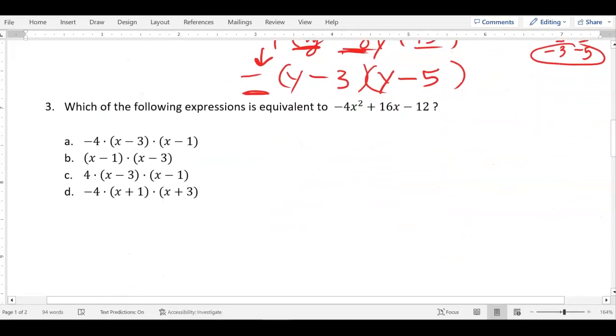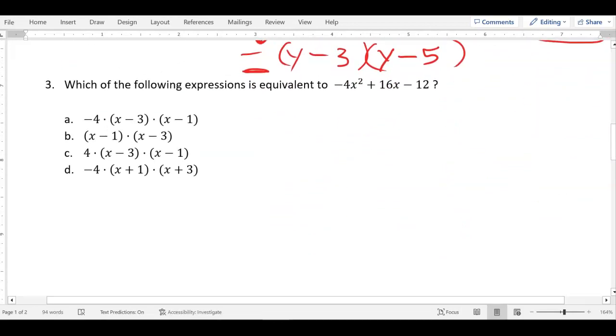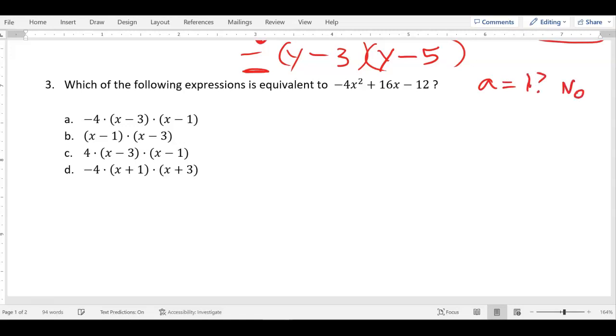Okay, number 3, which of the following is equivalent? Now, is a equal to 1? No. So what you want to try to do is find a common factor. So what's a common factor of negative 4, positive 16, and negative 12? Or what number goes into negative 4, positive 16, and minus 12?